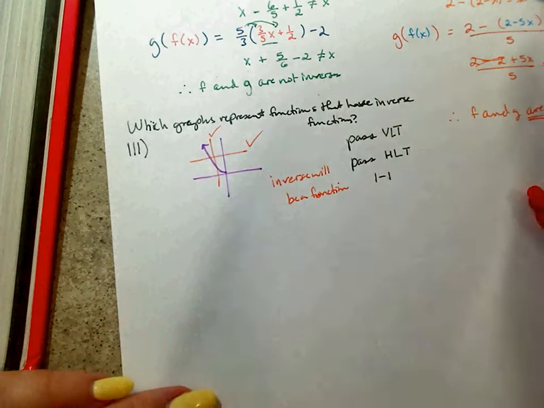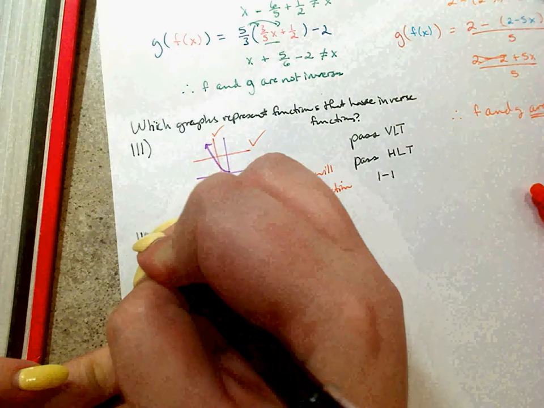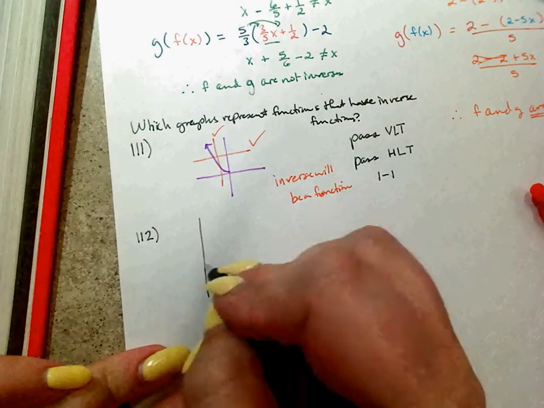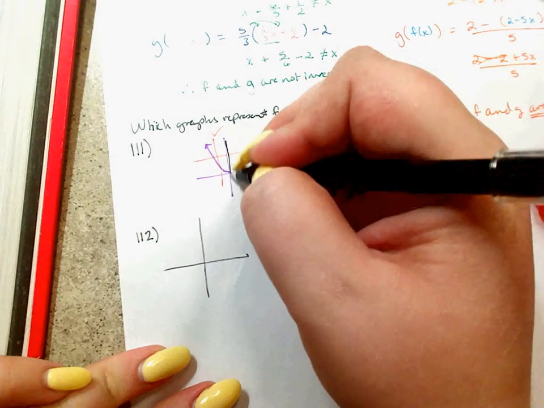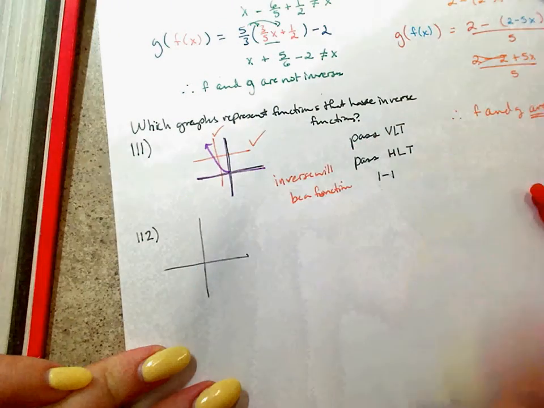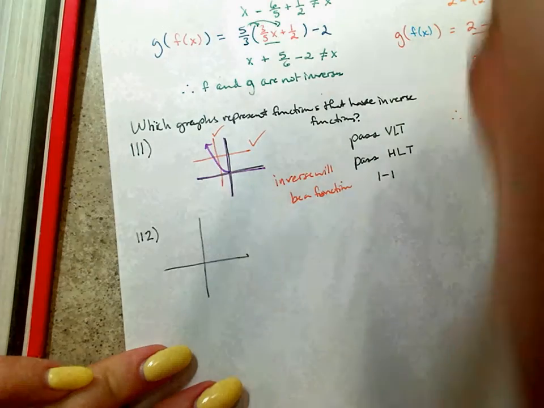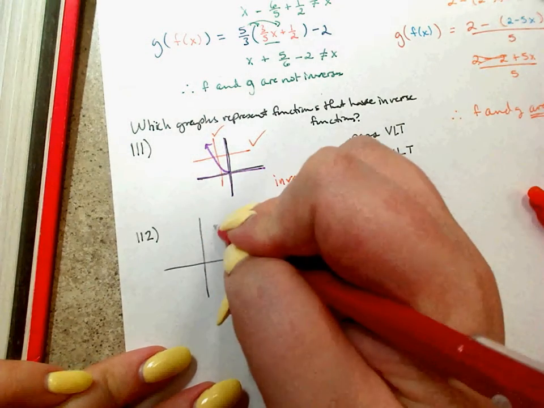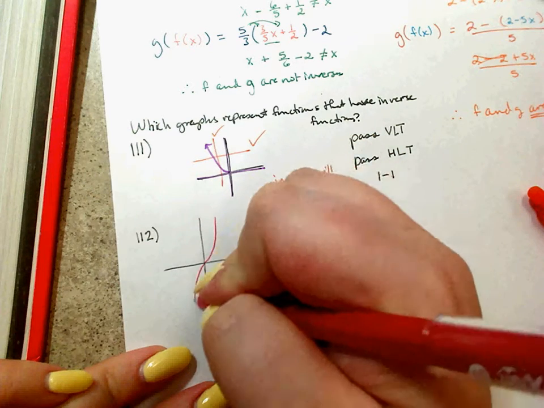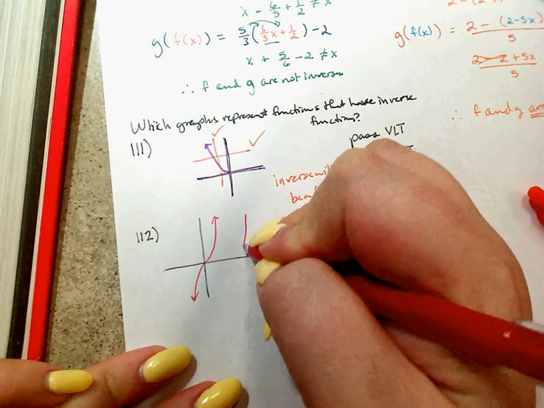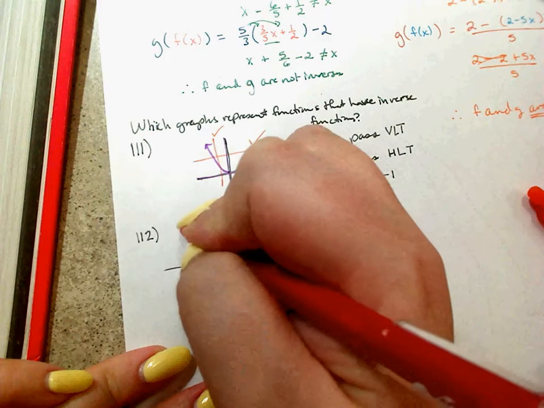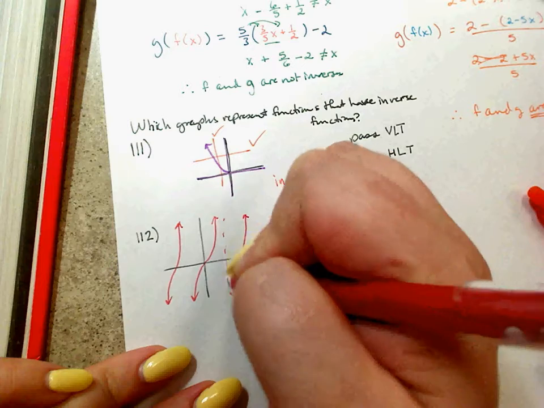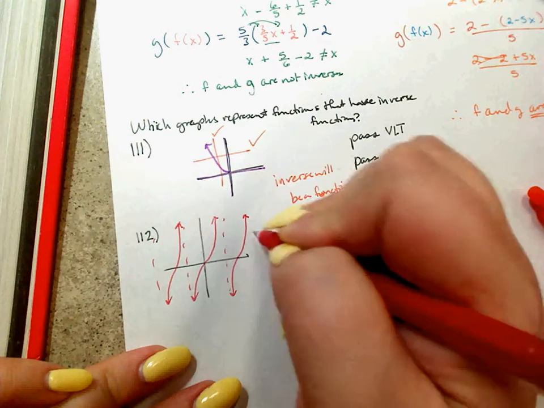So number 112. You don't know this yet, but 112 is actually a tangent wave. So it does something like this. And what you can't tell is it actually has vertical asymptotes here and here and here and here. It looks like just a bunch of cubics over and over.